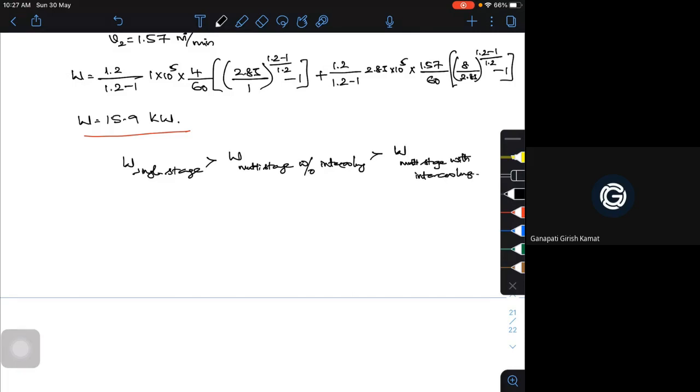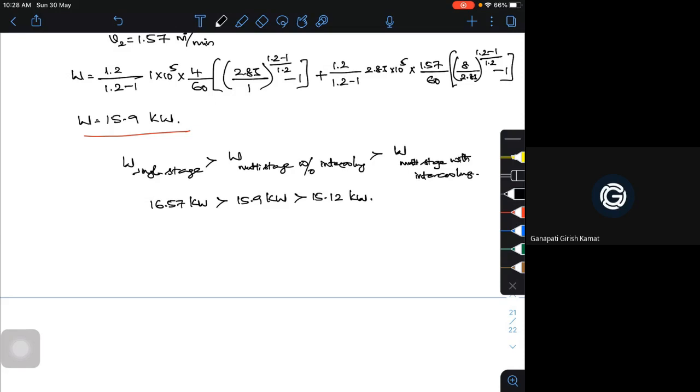That is, 16.57 kilowatts is greater than 15.9 kilowatts, which is greater than 15.12 kilowatts.